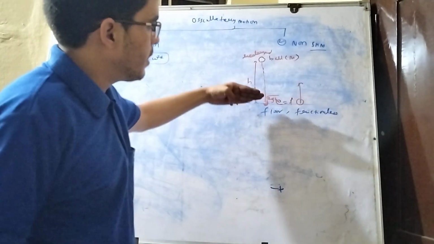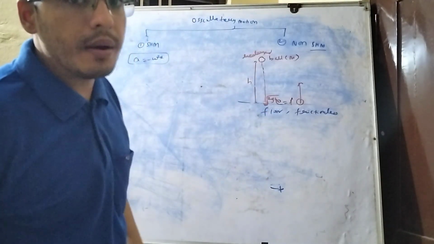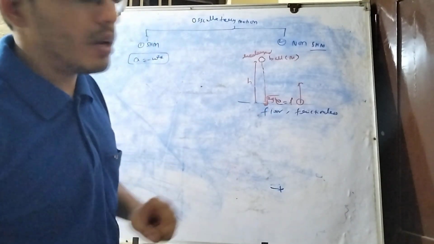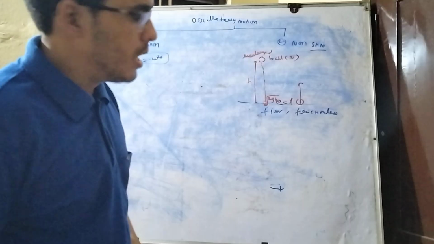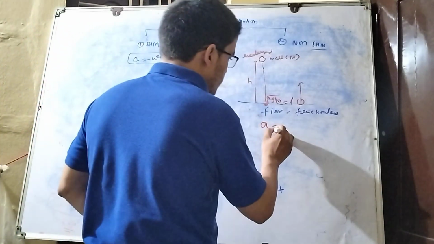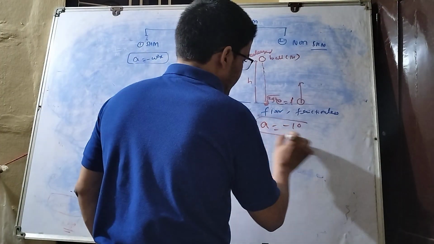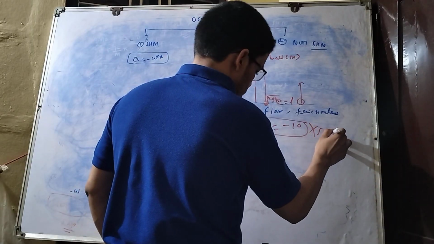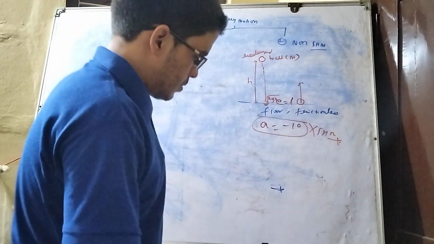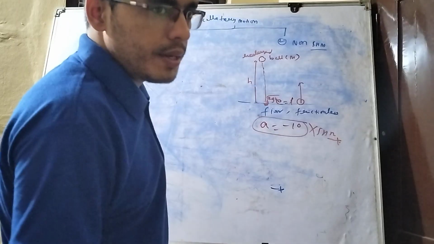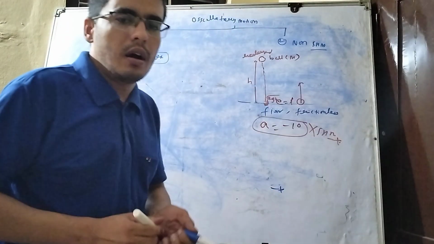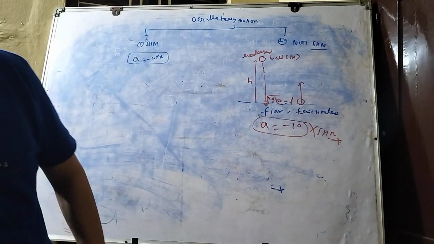But here the acceleration is constant everywhere, because the acceleration value is g, so here it equals minus 10. That is not simple harmonic motion, because it is constant. That is the case of non-oscillatory motion, right?